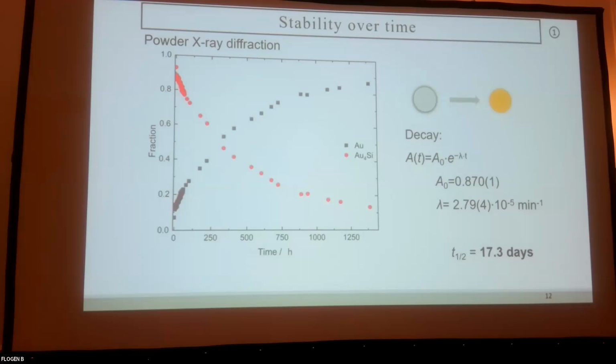Measuring the powder diffraction over time, it has turned out that the amount of the compound decreases over time and more gold is observed. And applying the formula for the rate constant k, it is possible to calculate a half-life time of about 7 days.